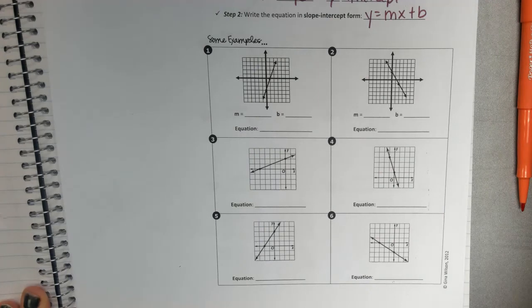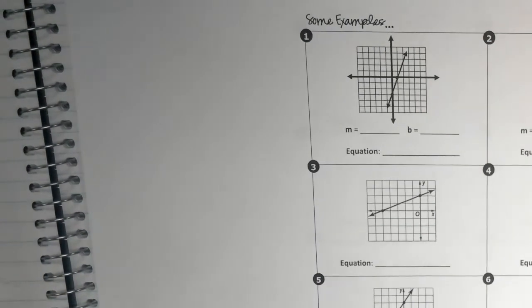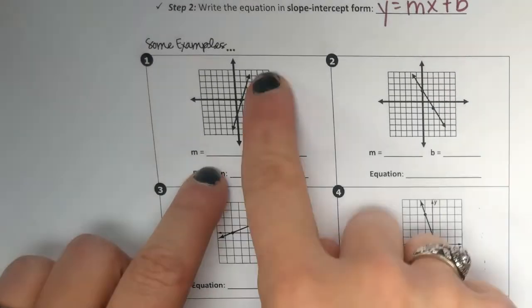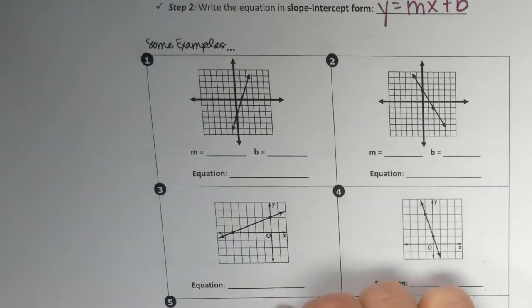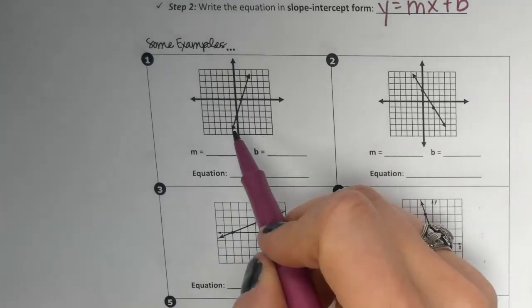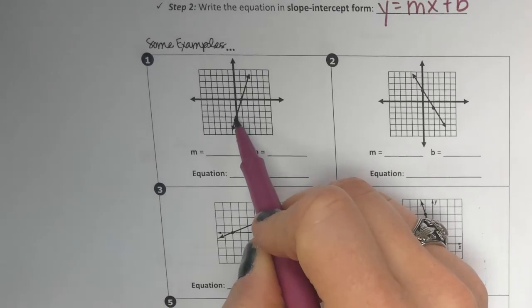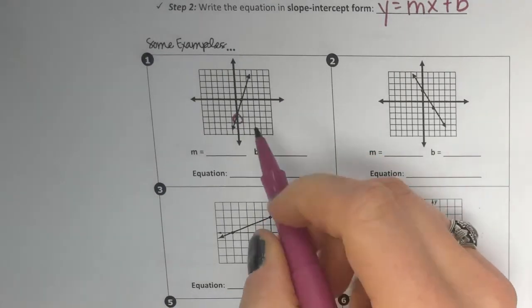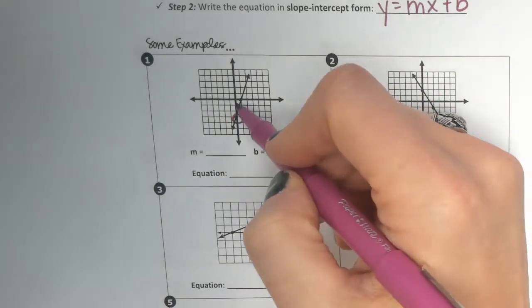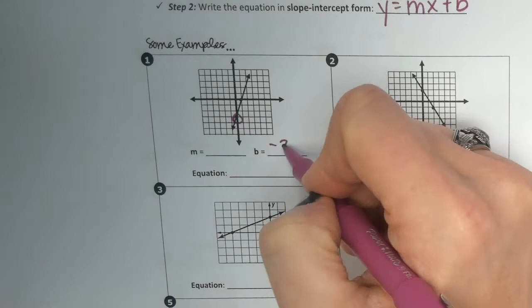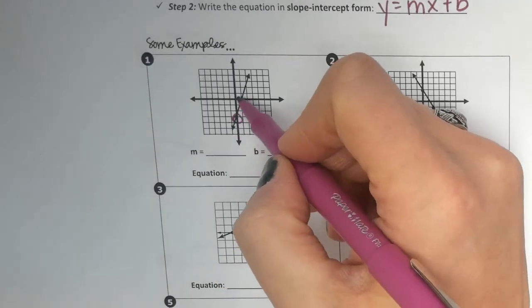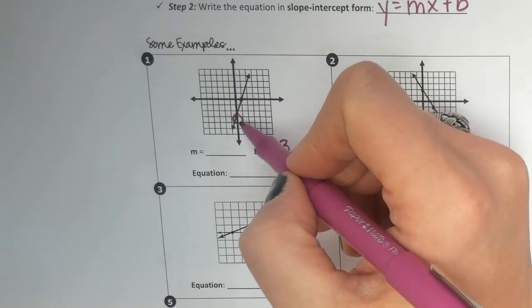And we can zoom in a little, and we can use the lines here to figure out what the slope is. Well, let's start with the b first. The b is always where I like to start. You can always tell where the line crosses the y-axis. It is right here at negative 3. And from this point to the next point right here, you can figure out the slope.